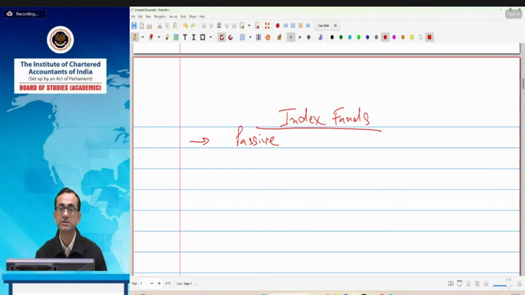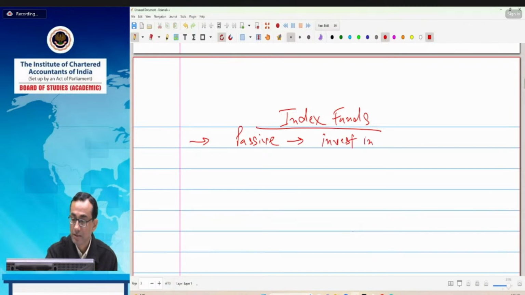This is called passive because the mutual fund managers do not actively participate in this. They merely act passively. They simply invest in indexes.